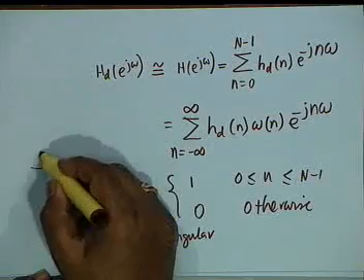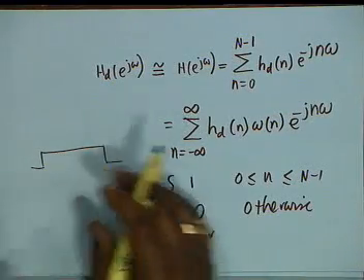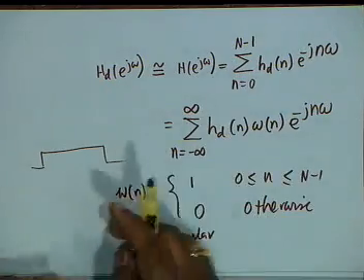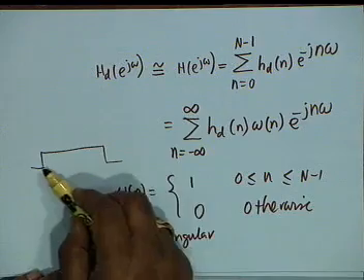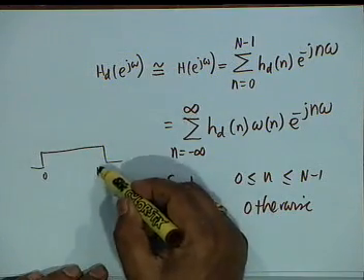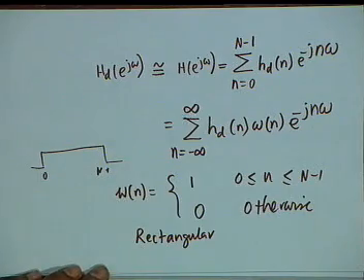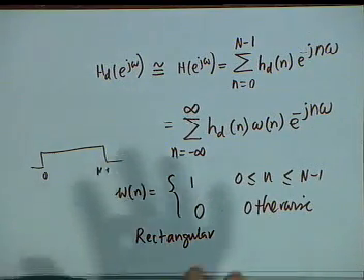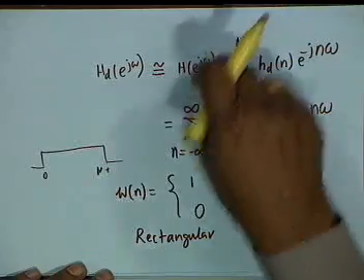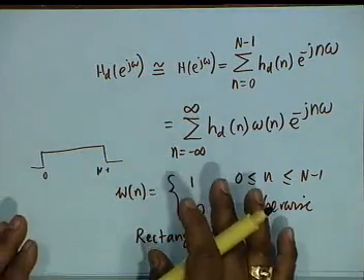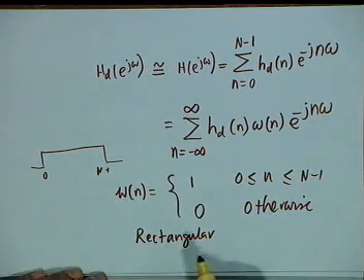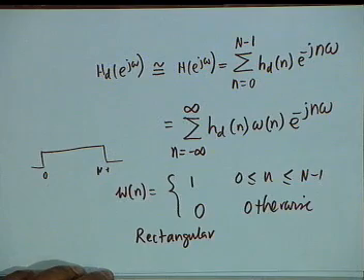So, only the impulse response within this region n equal to 0 to N minus 1 passes, all the rest are truncated, all the rest are made to vanish, all right. Now, there is no guarantee that you will get a good approximation, it is throwing a stone in the dark. Only thing you know is an estimate of capital N. Therefore, this is a starting point, now you will have to iterate. So, this is why this design is called the windowing technique.